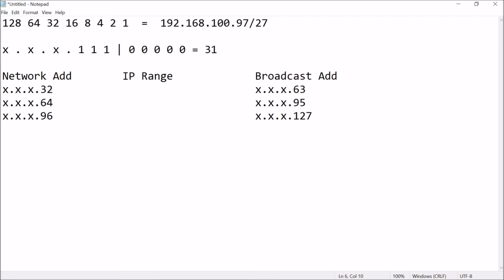just like what we did on the first example, add 1 host for the network address, subtract 1 host for the broadcast address.